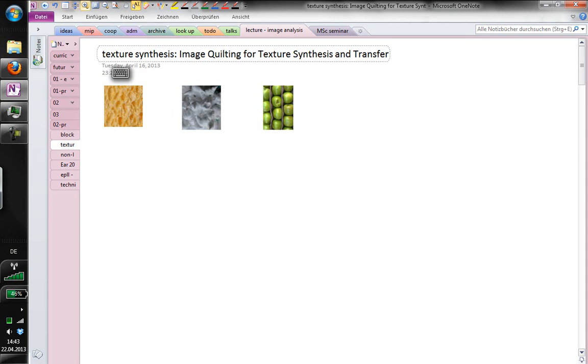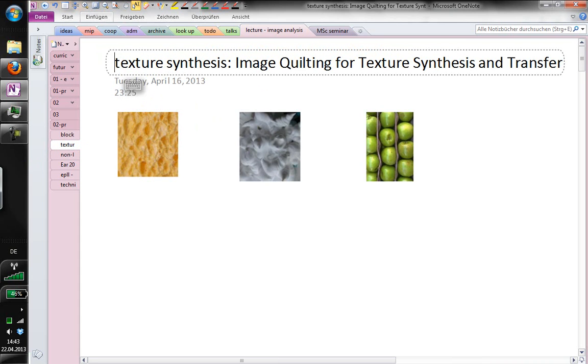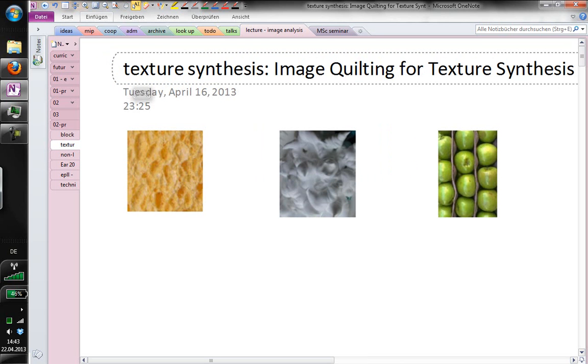But before I explain to you a very nice algorithm that does extremely well on examples such as these, in the break you can think a little bit about how you would synthesize textures. So given these examples, how would you synthesize an image 10 or 20 times that size, which looks similar without showing too many artifacts?